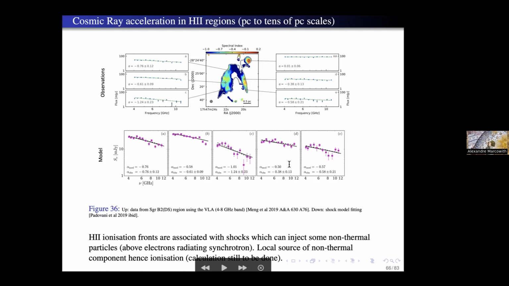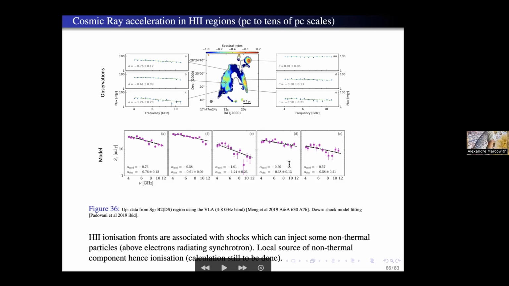You plug in the shock acceleration model to try to explain this data, and we more or less succeed in fitting the different parts with reasonable energetics. We don't need to accelerate 50% of the shock kinetic energy into cosmic rays. You just use about 10%, and we succeed in reproducing this data well.